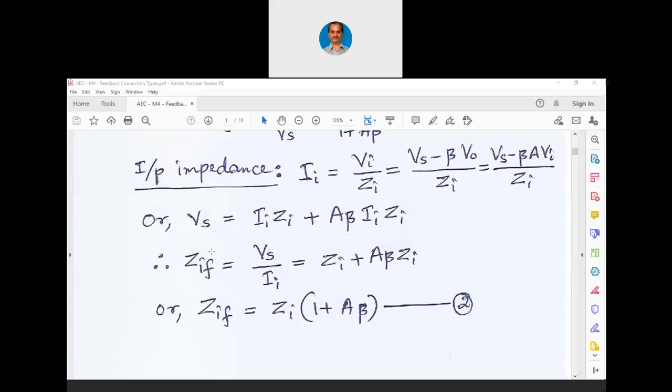Now, input impedance with feedback is Vs by Ii, isn't it? Vs is the signal at the input source. So, Vs by Ii is nothing but Zi plus A beta into Zi from the equation that is shown at the upper side. So Zif is equal to Zi into 1 plus A beta. That means input impedance gets increased by a factor of 1 plus A beta.